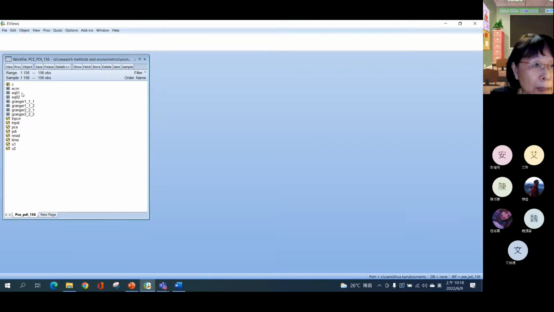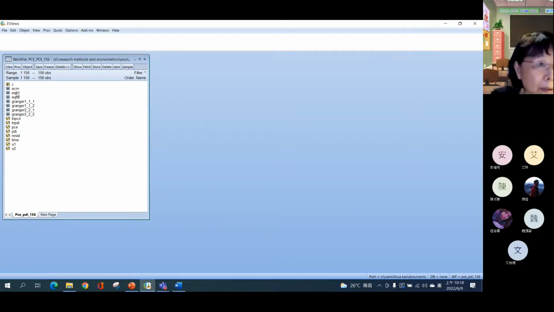I think we have done the unit root test for LMPCE and LMPDI last week. So I'm going to introduce the co-integration regression.